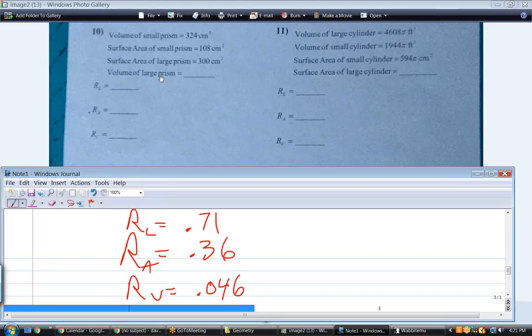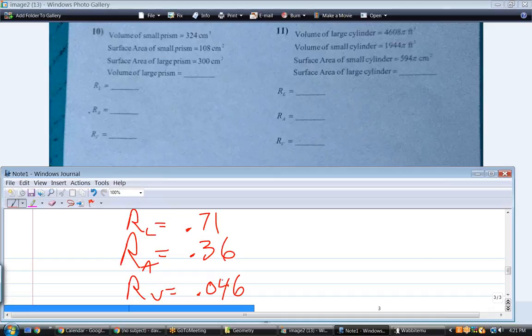Either you have to multiply it by that or divide it by that, depending on whether you need a bigger volume or a smaller volume. They've given us the volume of the small one, so the volume of the larger one has to be bigger. The only way I'm going to get a bigger number is to divide that number by that number.